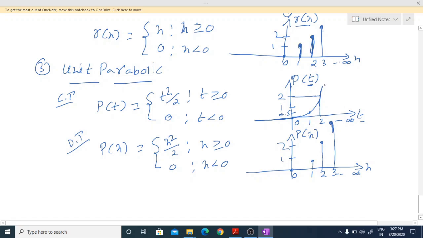So it slightly bends like this. This is the representation of a parabolic signal in the discrete case.